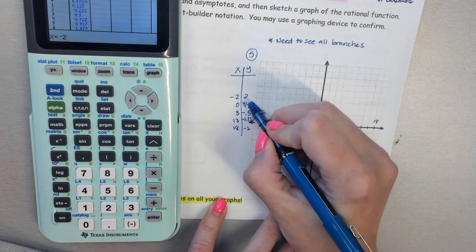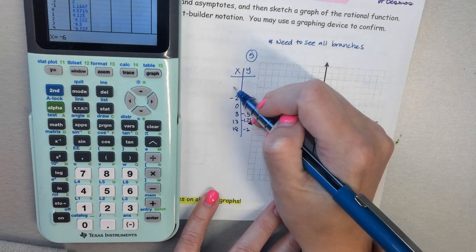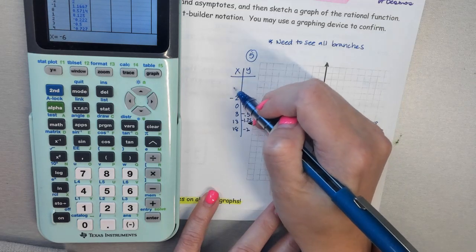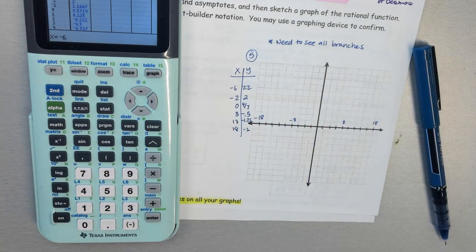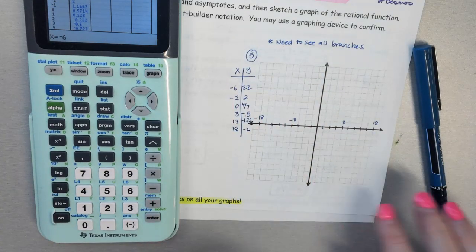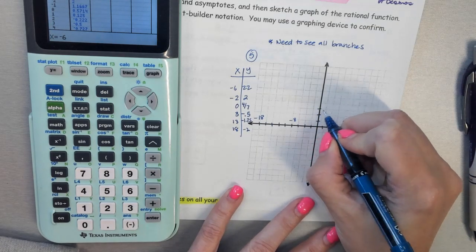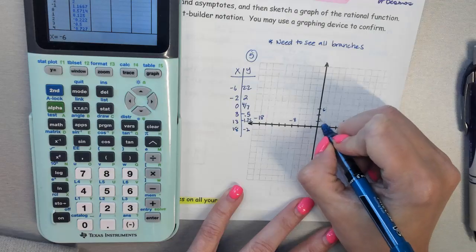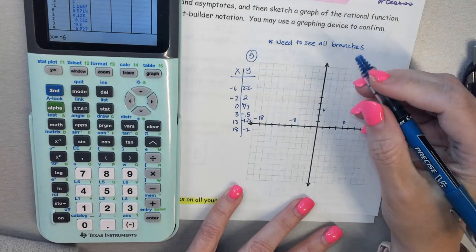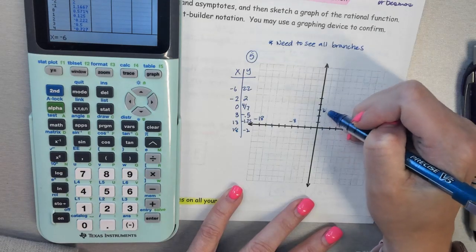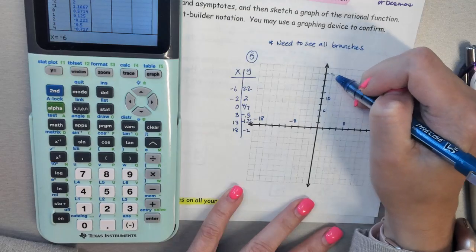And at negative 2, I'm at 2. And at negative 6, I'm at 22. So I'm using this to help me set up my graph. I'm also going to want to put in those asymptotes first, before I start doing points. So 2, 4, 6, 8, 10, 12, 14, 16, 18.